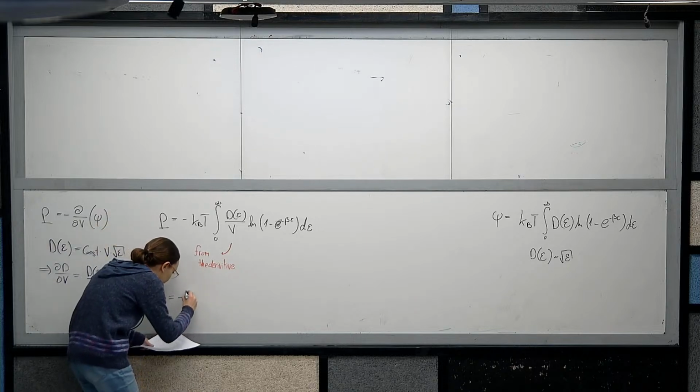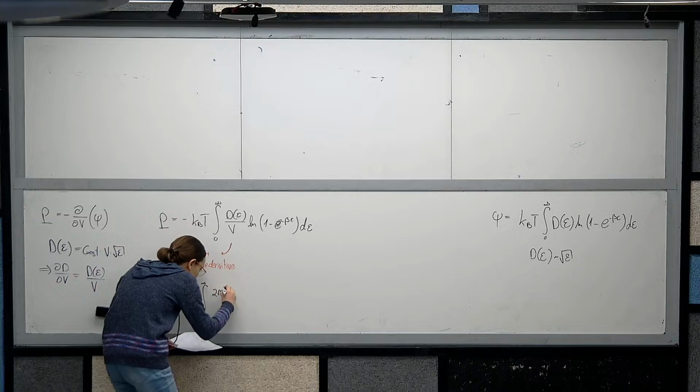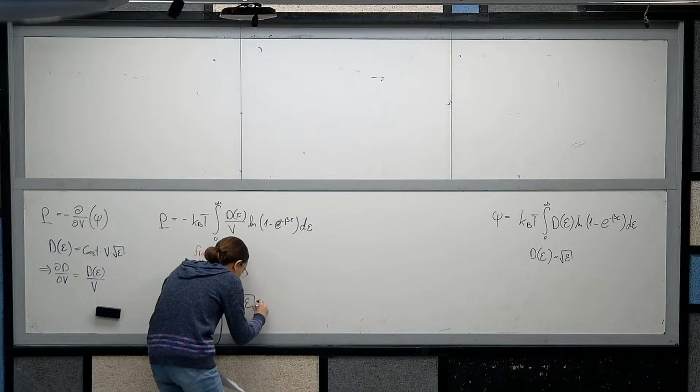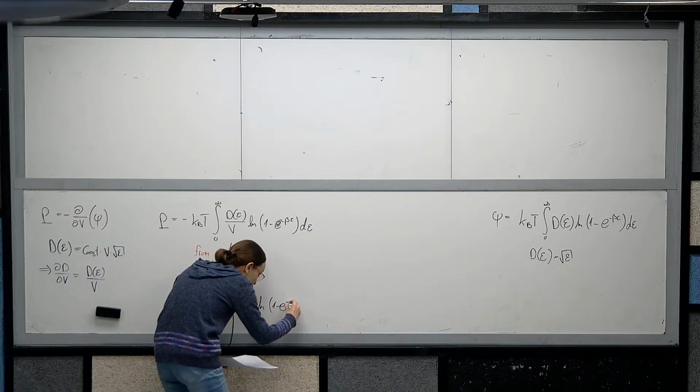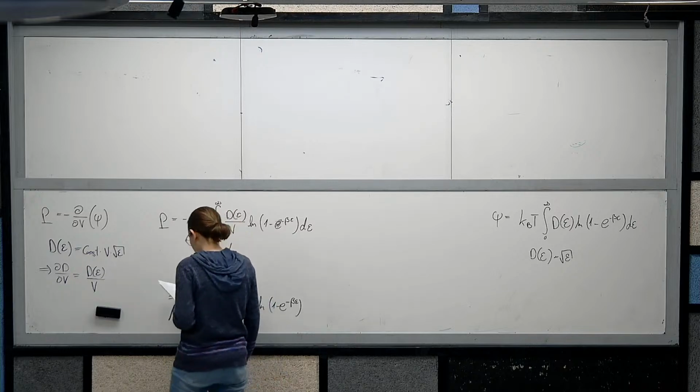So it equals minus kBT, the integral, and we stay here with 2m to the power 1.5 divided by 4 pi h bar to the third, and we have here square root of epsilon ln of 1 minus e to the minus beta epsilon.